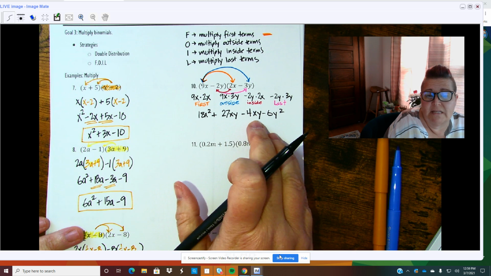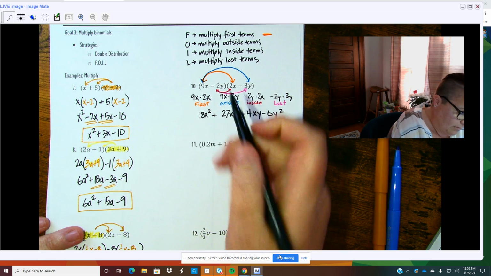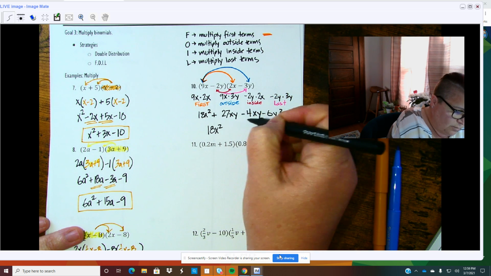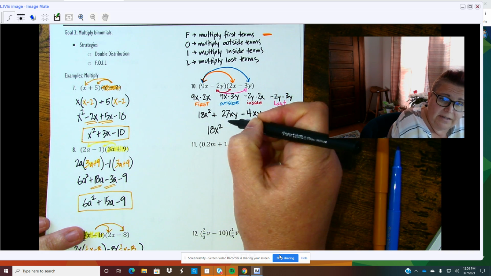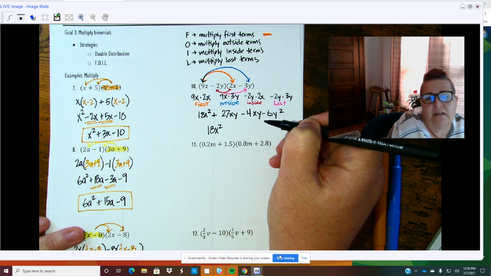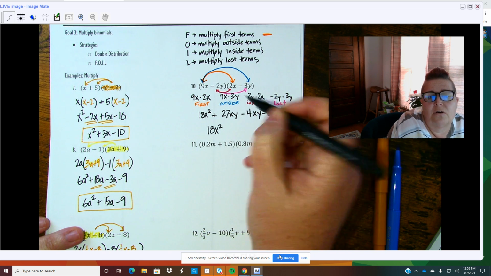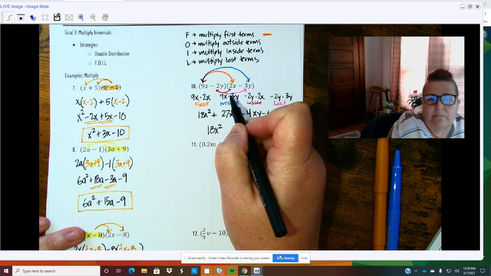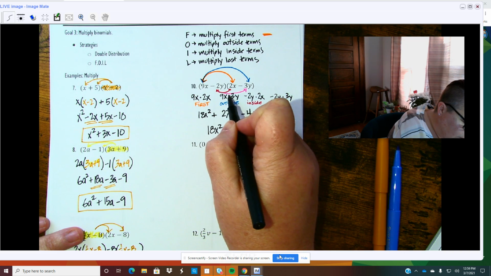I should have some terms in the middle. Oftentimes, they are the ones that will combine. So I have an 18x squared minus 27x, or plus 27xy, minus 4xy. Wait, is that? No, it's not. Thank you. Okay, so that would be a minus 3. I knew something was up.